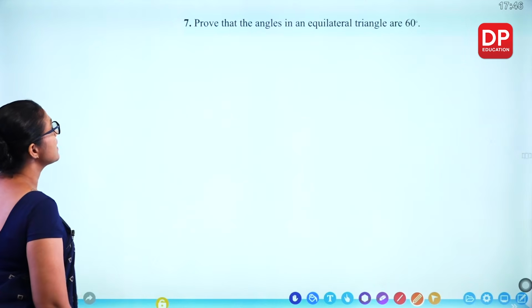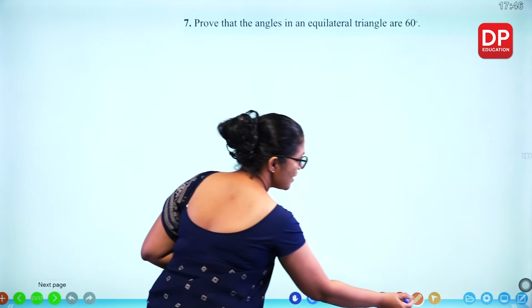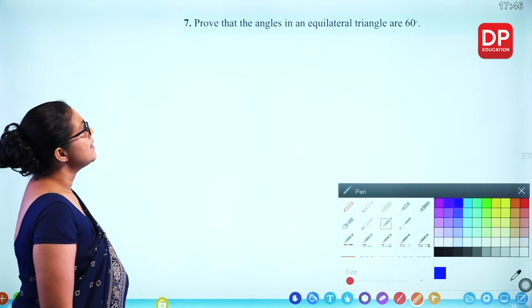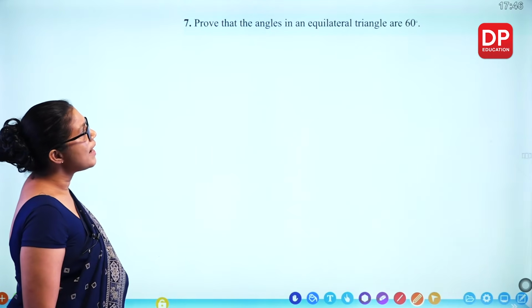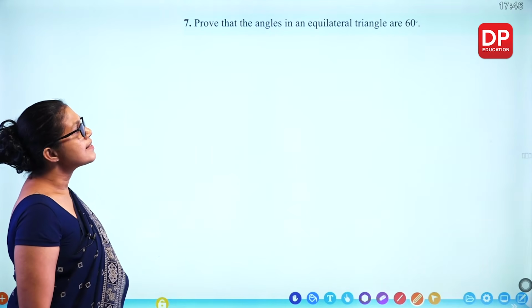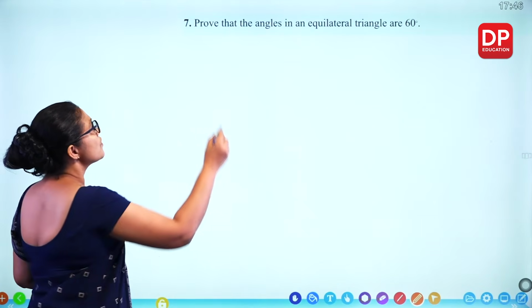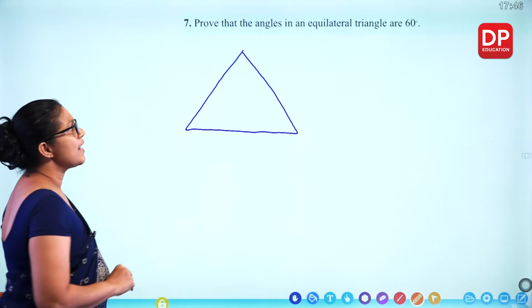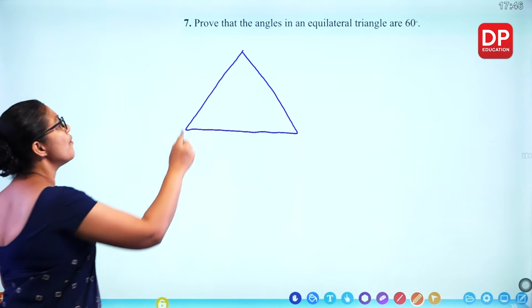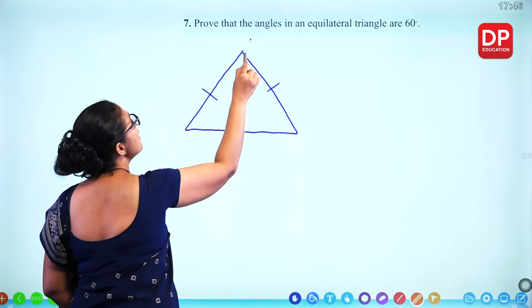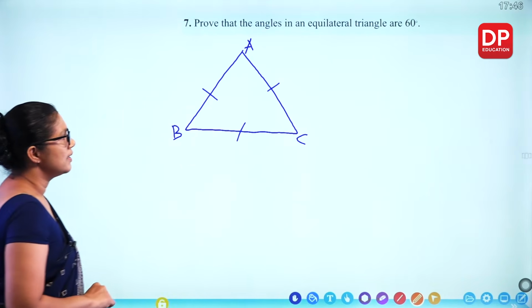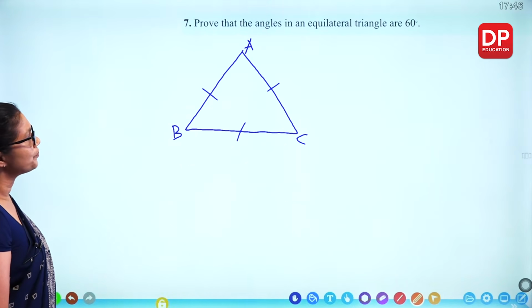Now we'll look at 7th question. 7th question, it says prove that the angles in an equilateral triangle are 60. So we'll try to prove that. So equilateral triangle, all sides are equal. Then what can we do?